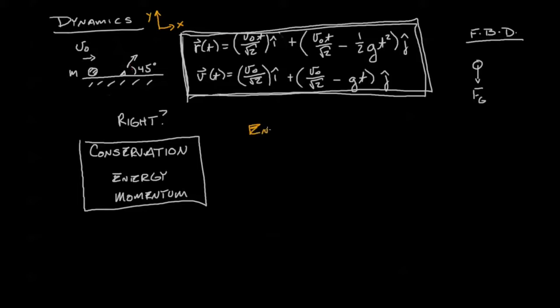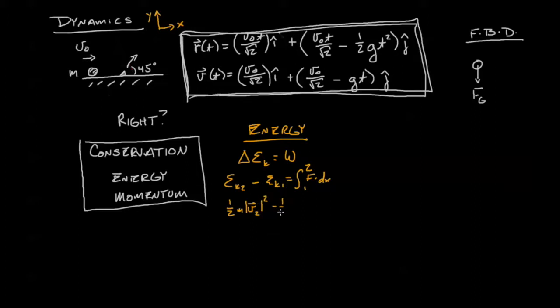Let's see, in energy, we know that the change in kinetic energy equals the work. The kinetic energy at state 2 minus the kinetic energy at state 1 is going to equal the integral of f dx from 1 to 2. The kinetic energy at time 2 is going to be 1/2 m, the magnitude of the velocity at time 2 squared, minus 1/2 m, the magnitude of the velocity at state 1 squared.